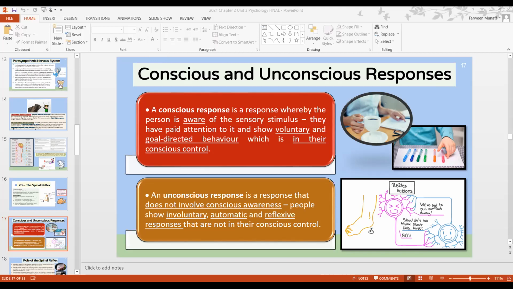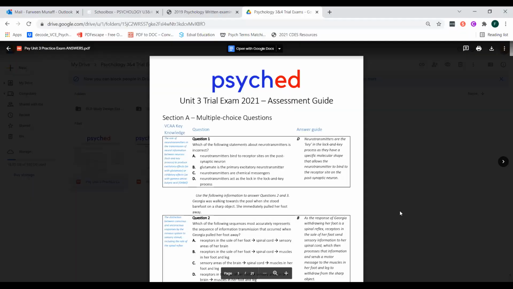Okay, where is it? 2020. Okay, let me just share my screen. I don't know, I have so many screens open, it's not organized. Okay, let's see this one first.